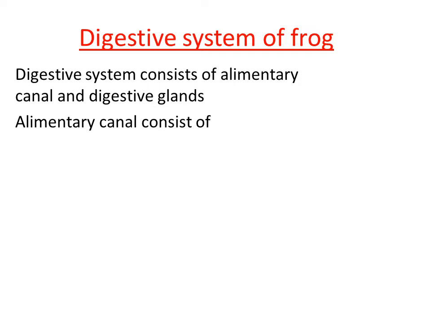So because of its food habit, the intestine of the frog is short, right? Whenever I'm explaining a part of the alimentary canal, just compare the organ with the previous organism we have studied. It will help you to recall the parts of the digestive system in a better way, right?